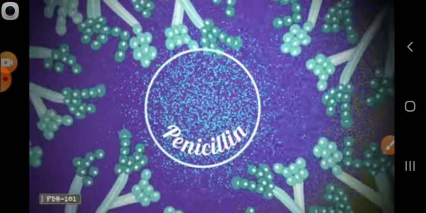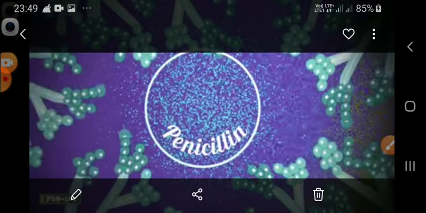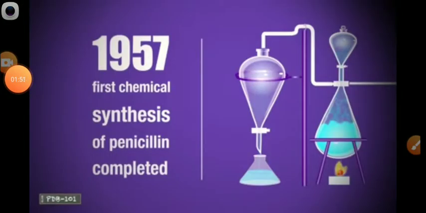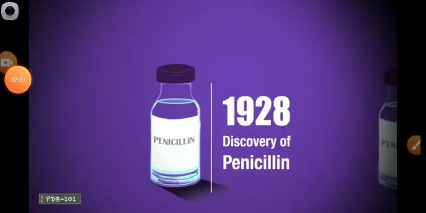Let us see, children, now here penicillin already you have seen. Let us see here how the synthesis of penicillin takes place. This is the discovery of penicillin in 1928.